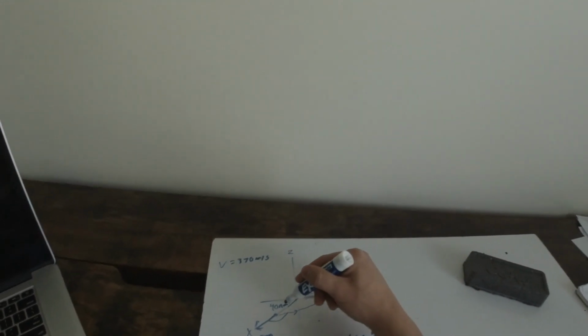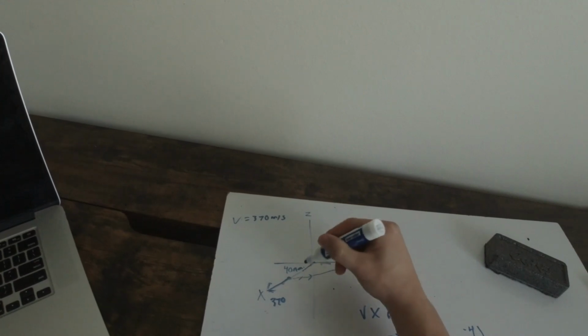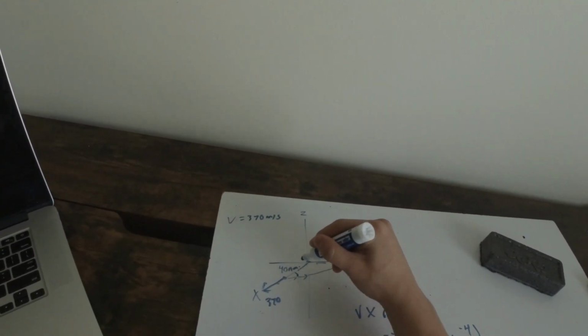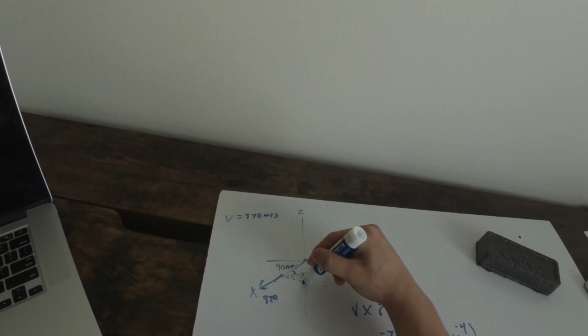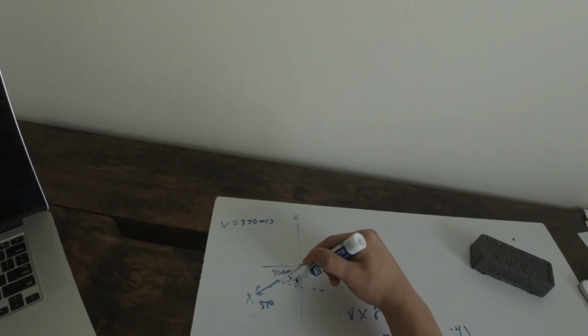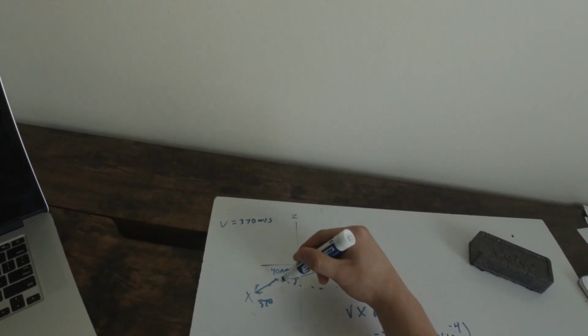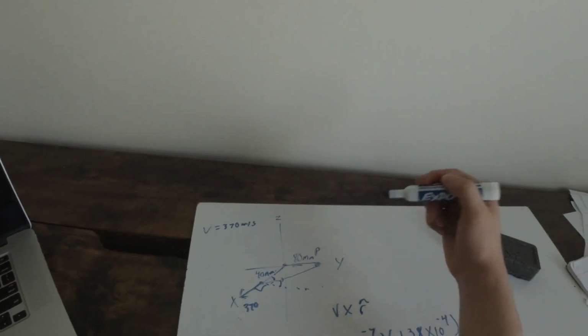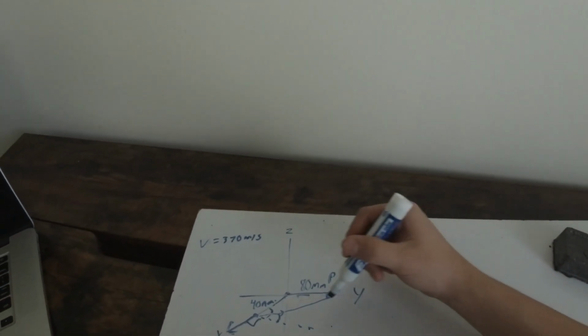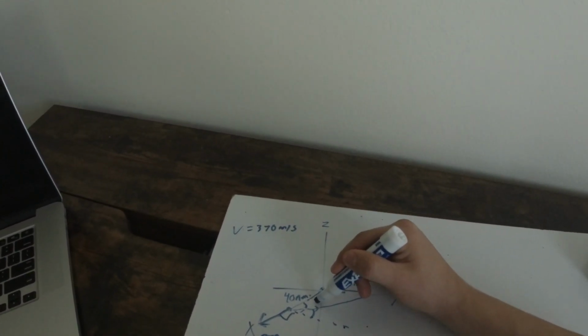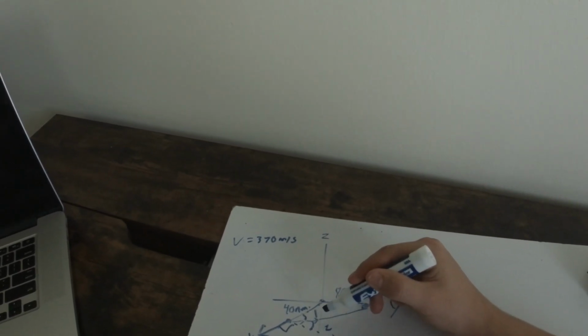How can we find the angle? We can find the angle by taking this little angle here, finding the complementary angle to that, and then adding it to 90. So it would be like this. This is angle 1, and this is going to be angle 2.